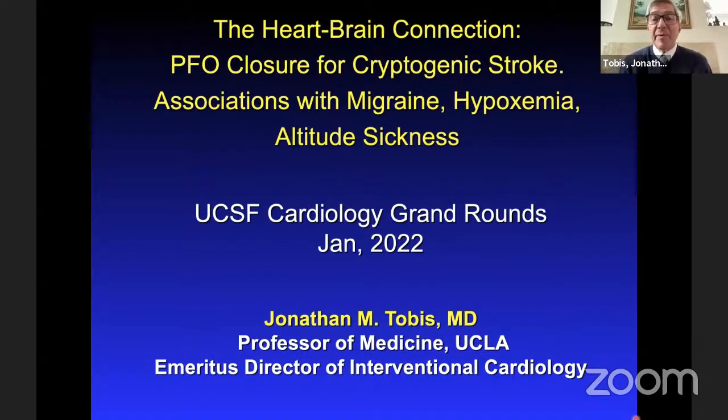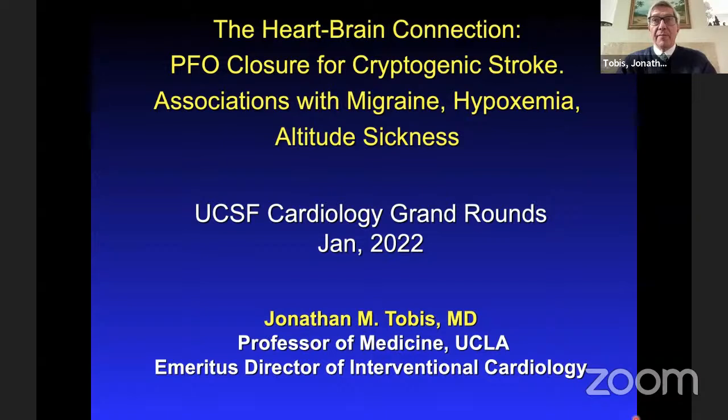I'm pretty excited about patent foramen ovale. We were talking about how I got involved in this. It was a lecture from Jim Locke in the 1990s. And I was fascinated by the concept that here was this anatomic structure that we knew about for many years, but never had the connection with all of these multiple possible associations.